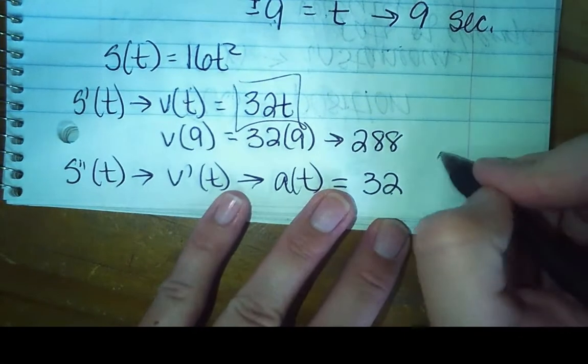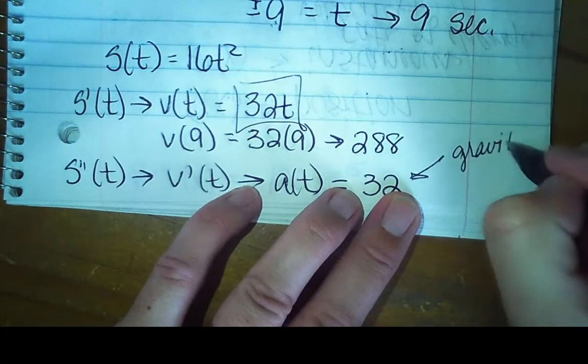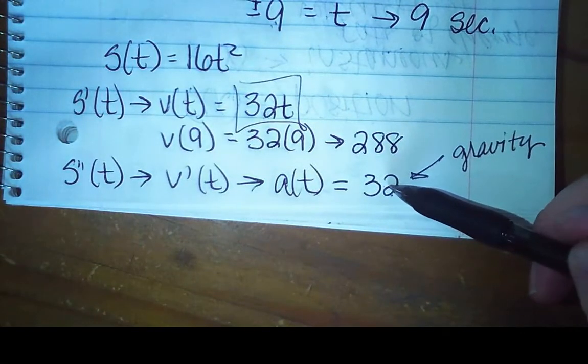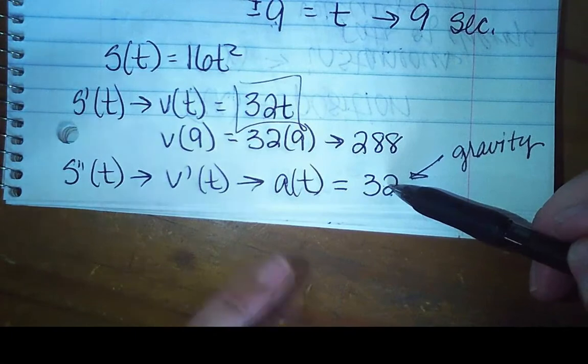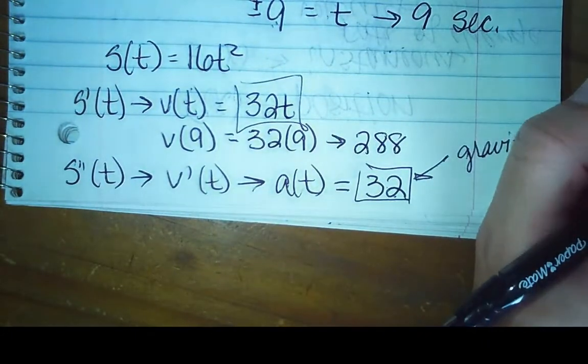If you've had physics at all, you know that that's gravity. Since your hammer was not thrown, it was dropped, gravity is the only thing affecting its acceleration. So its acceleration is 32 feet per second per second.